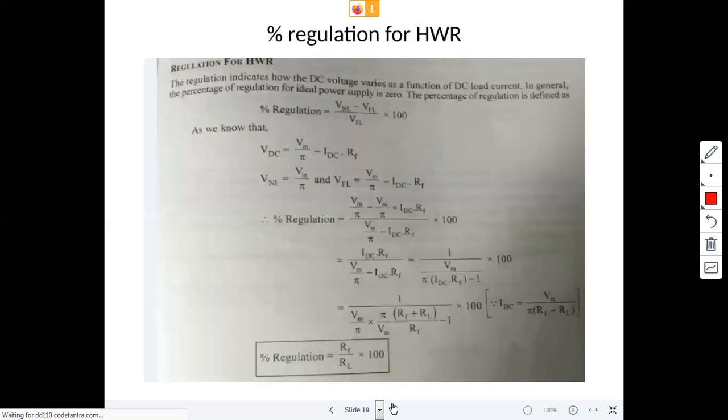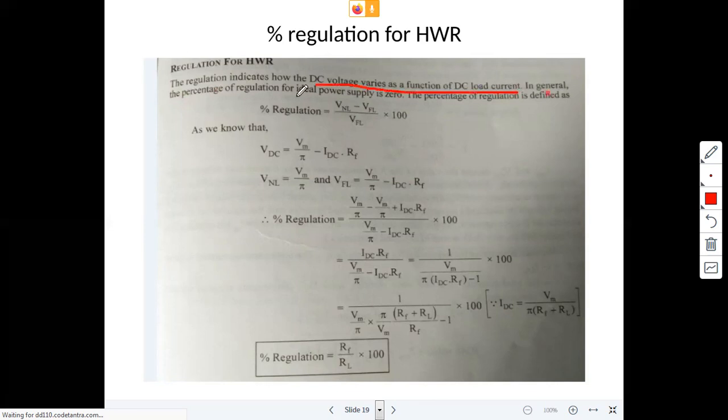Another parameter is percentage regulation for the half-wave rectifier. Regulation indicates how the DC voltage varies as a function of DC load current.